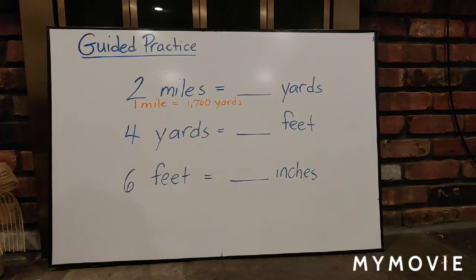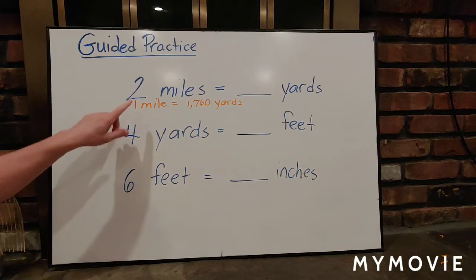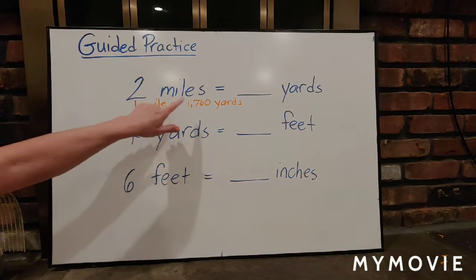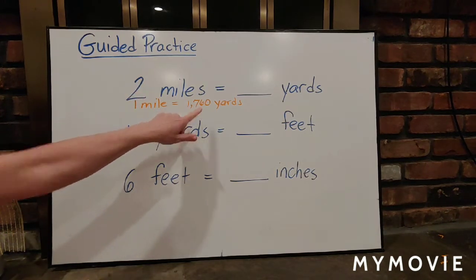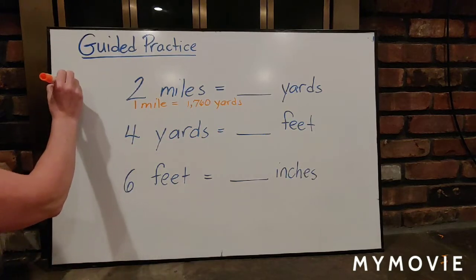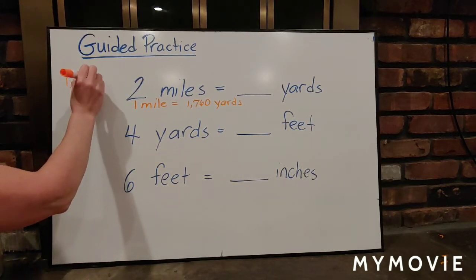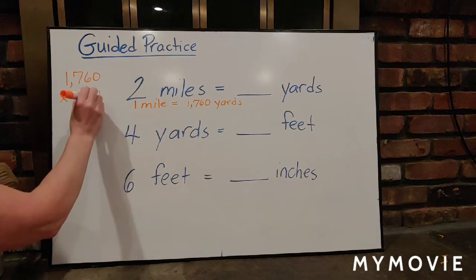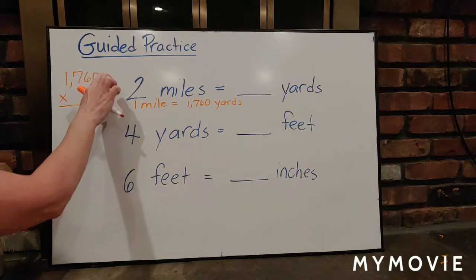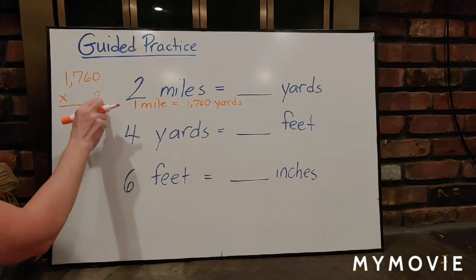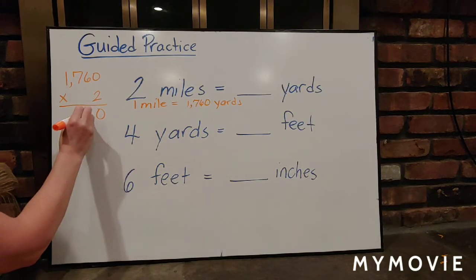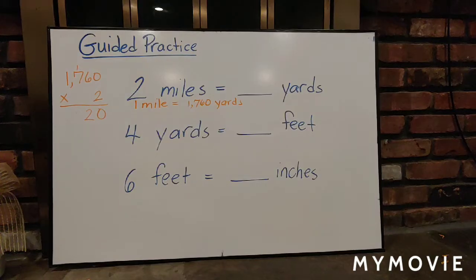So we need to multiply 2 times this to see. So we have 1,760 times 2. 2 times 0, 0. 2 times 6, 12, put the 2.